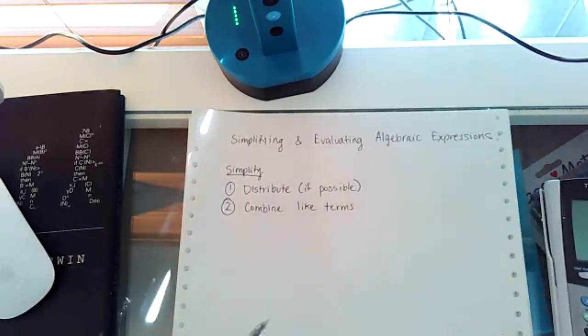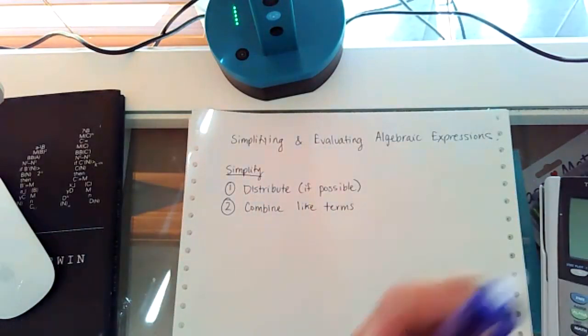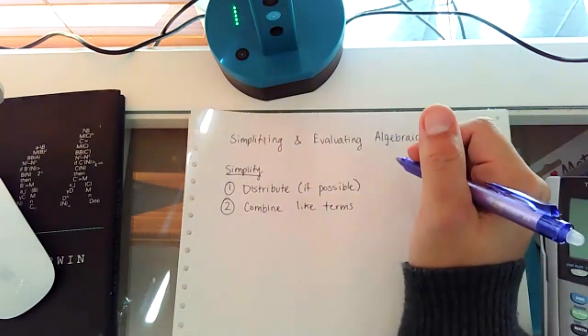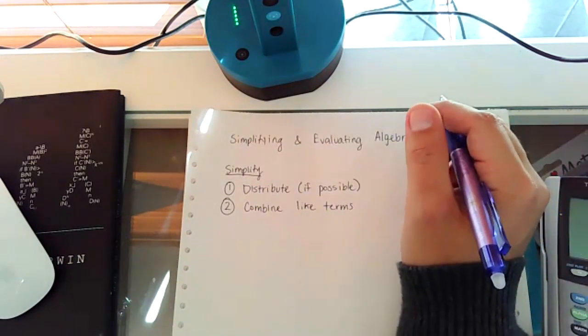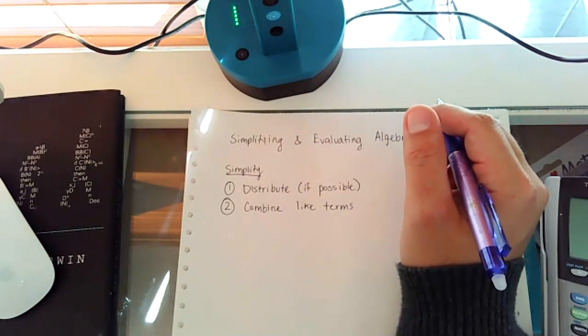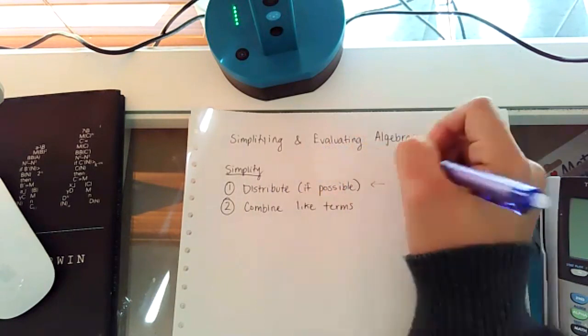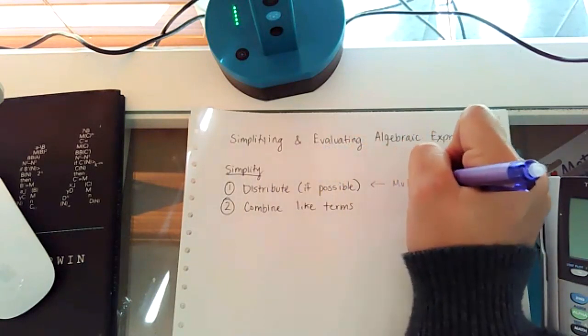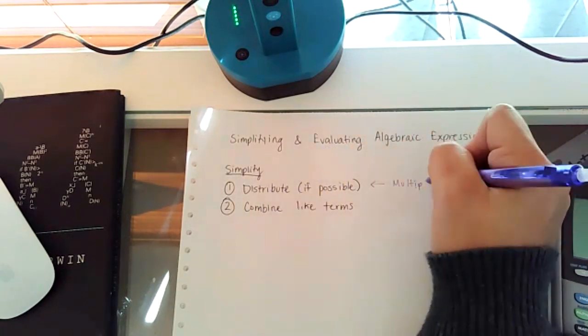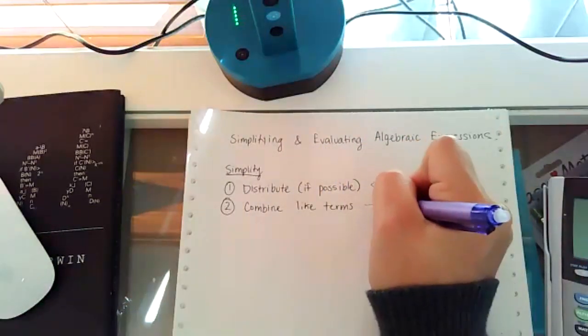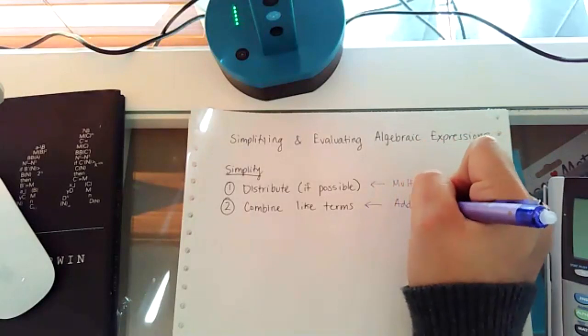So that's how I think about it, actually. In terms of simplifying these algebraic expressions, order of operations through GEMDAS is always going to be on the table. That is the rule, the law of the land. But the distributive property is like doing your multiplication first. And combining like terms is like doing your addition and subtraction.